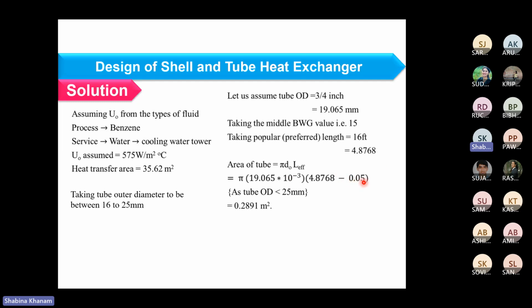Though you can say that 50 mm is very little, yes, that's true, but it will affect the number of tubes you can calculate. So L effective should be the total length minus twice the tube sheet thickness, and the area of one tube is coming as 0.2891. In that way you can calculate the area of one tube.